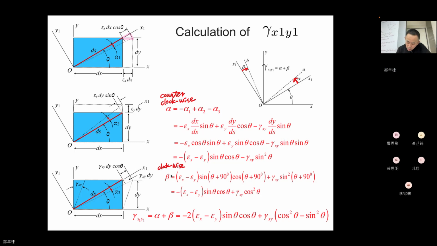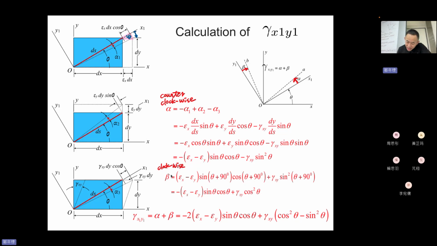And theta is this one. So how can we get that? We need to get this piece length, the length of the arc, and then divide by ds, and then we can get the red small angle.